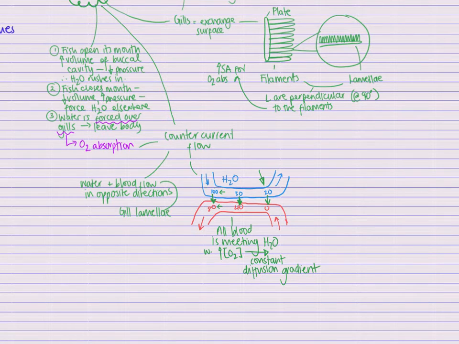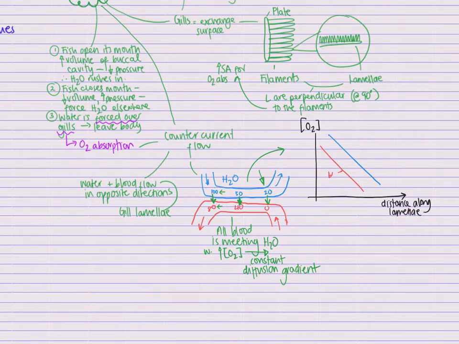And in a graph, we've seen this graph before, we've got the y-axis with oxygen concentration, and we've got the x-axis with distance along the lamellae. Our graph always has concentration of oxygen in the water above the concentration of oxygen in the blood.